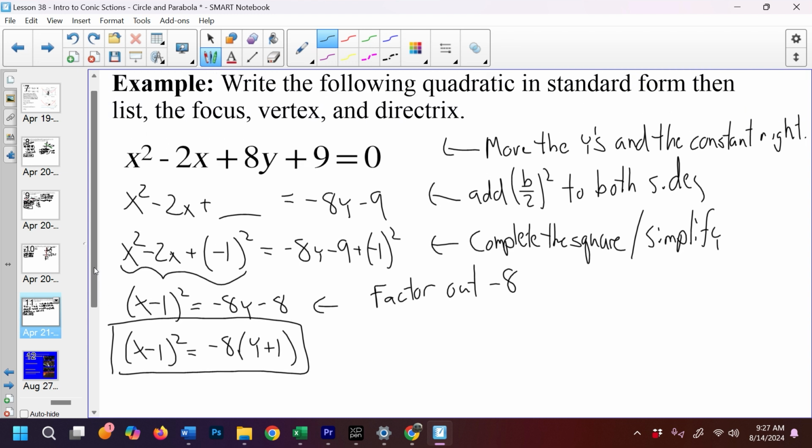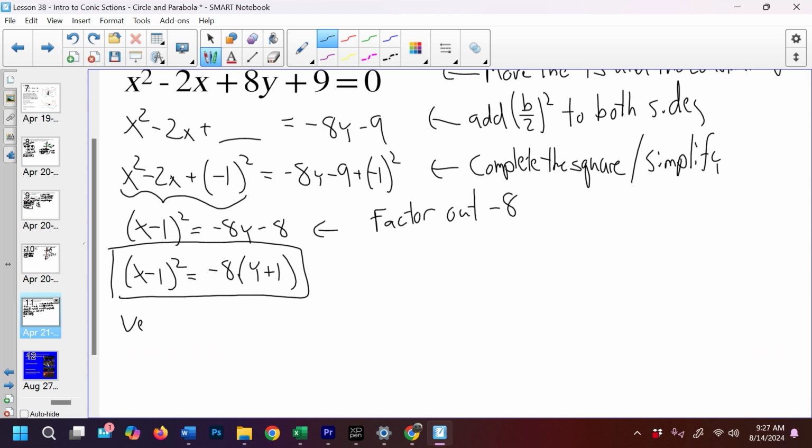It also wants me to find the vertex, the focus, and the directrix. And again, I would suggest drawing a diagram, but before I do that, since it's easy, let's read the vertex. It's going to be 1, negative 1. All right, 1 makes this 0, and negative 1 makes that 0.